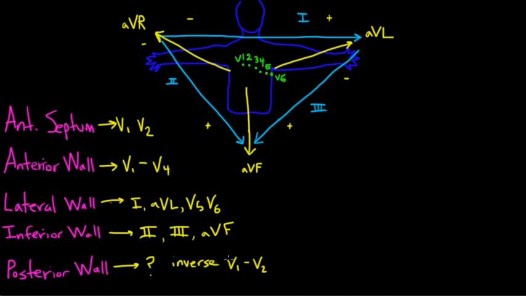So the inverse of V1 and V2 could hint at trouble at the posterior wall. Or if you're really suave and you pick up something, you can order a posterior EKG, and then you can interpret it correctly by recognizing any ST changes in relation to that posterior wall.